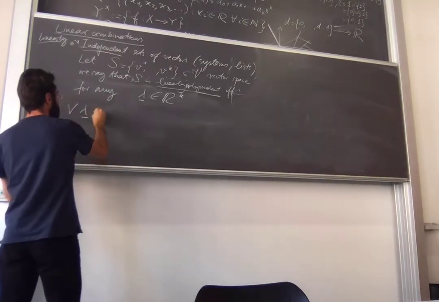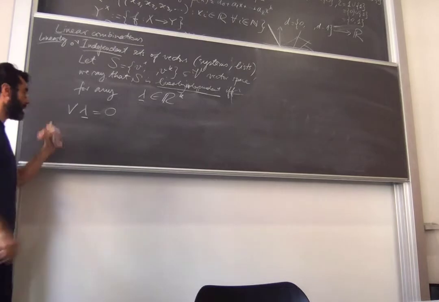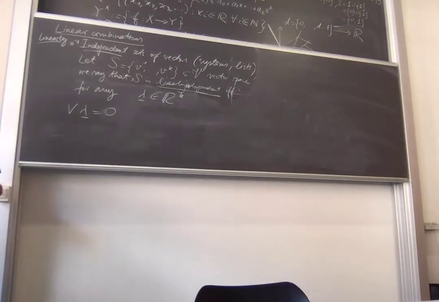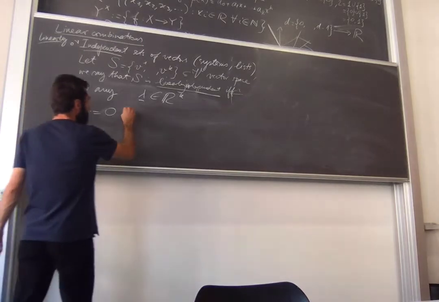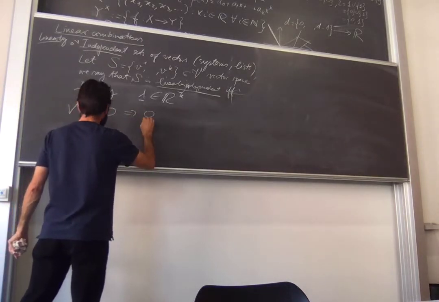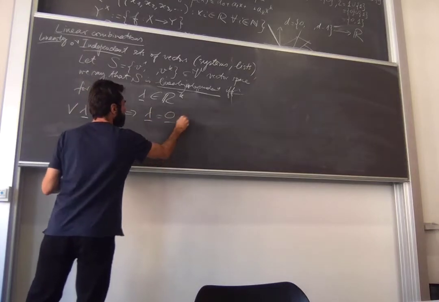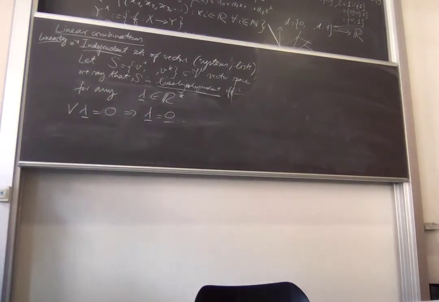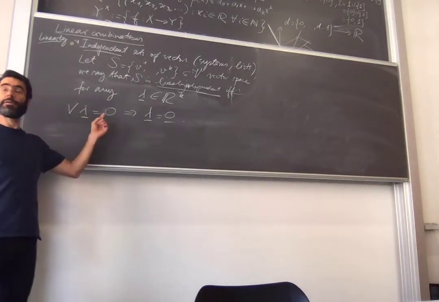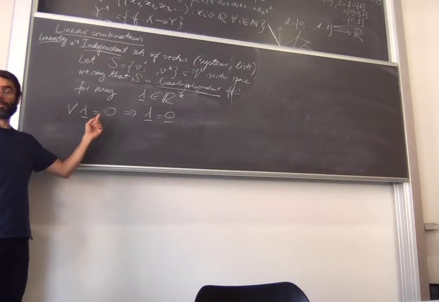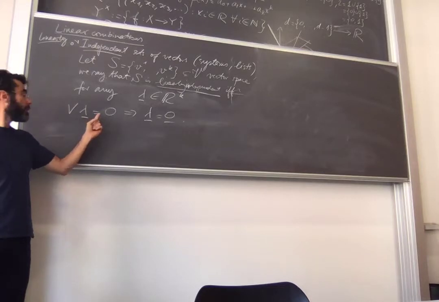So now you understand that this means a linear combination of parameters lambda with vectors v. This implies that lambda is equal to 0. That's linear independence.